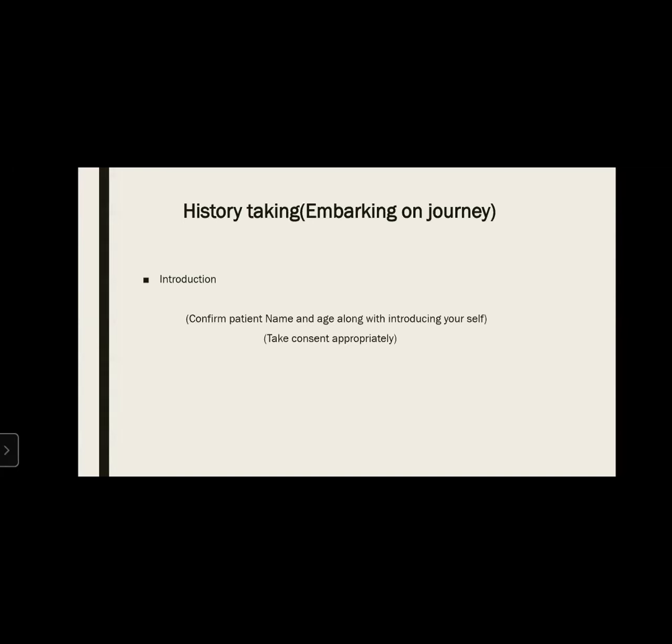Once you have written all the differentials on your paper, you will enter the examination hall of Station 2. You will be greeted by 2 examiners. They will provide you a chair and there will be a surrogate in front of you. You will say, hello, my name is Dr. Ahsam, one of the doctors in the clinic today. Am I speaking to Mr. Naseem, 34 years old? Yes.